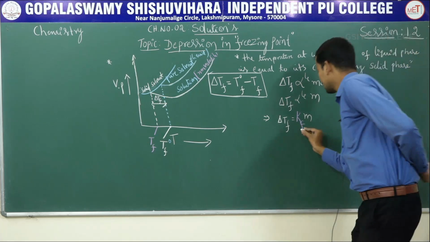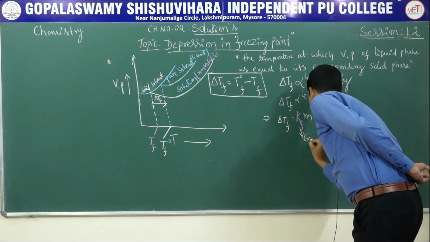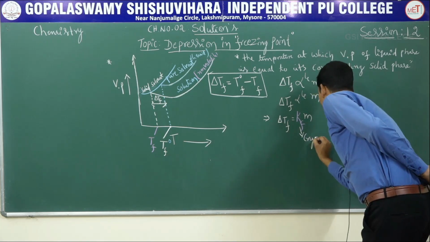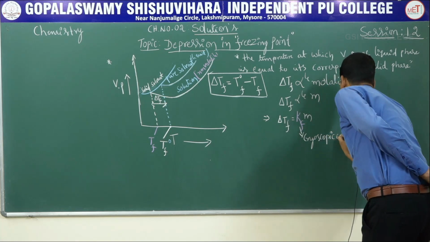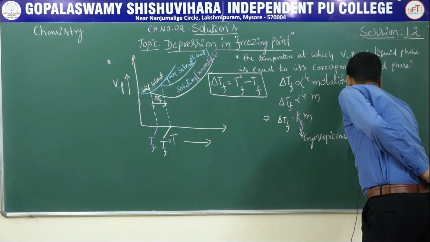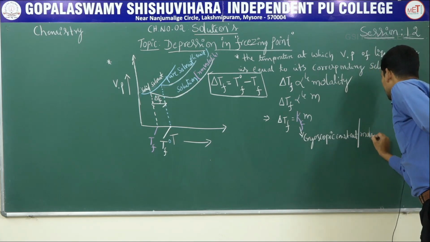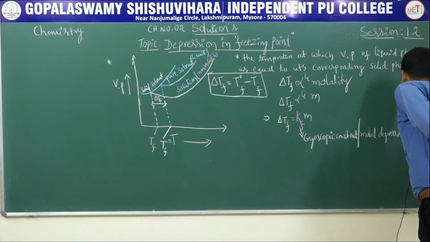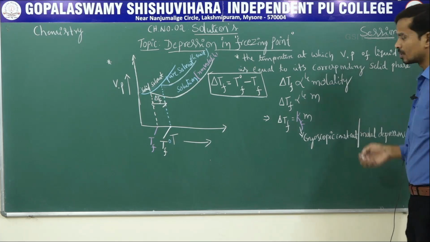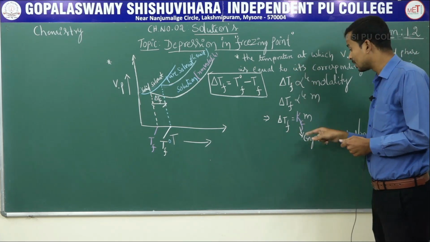What is KF? KF is called the cryoscopic constant or molar depression constant. Just as in elevation in boiling point you write KB, what is it called?